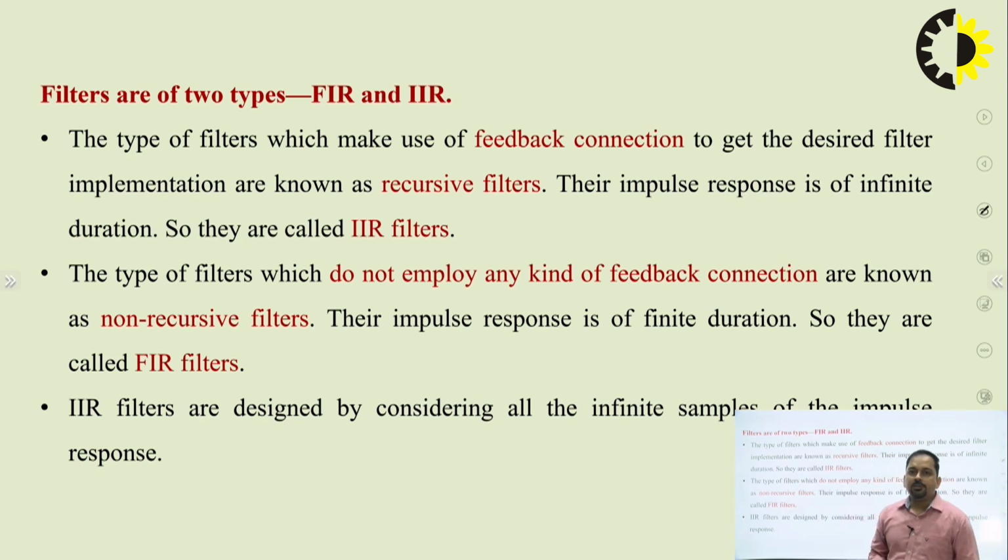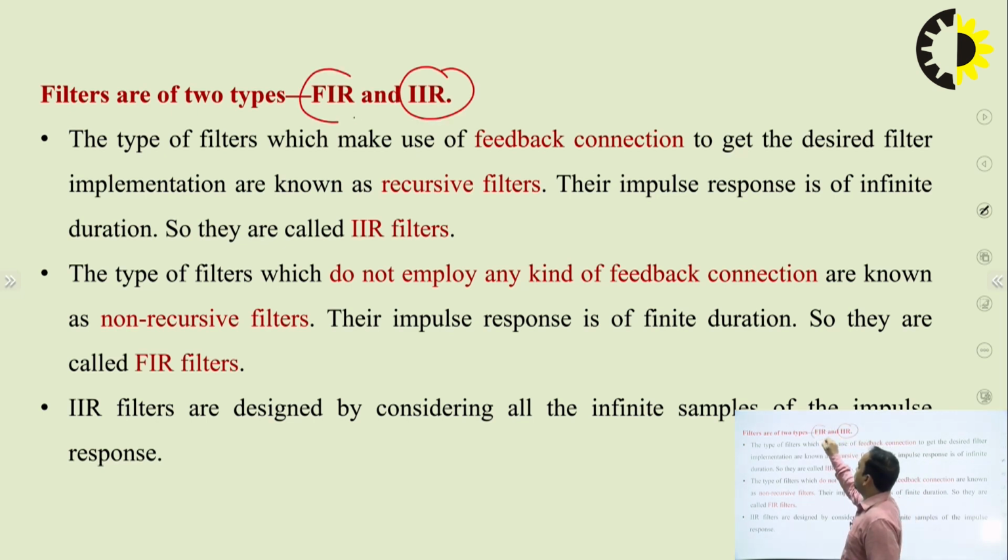So further we'll classify the filters as IIR and FIR. So IIR stands for infinite impulse response, whereas FIR stands for finite impulse response. Later on we'll see what are the differences between these IIR and FIR filters.